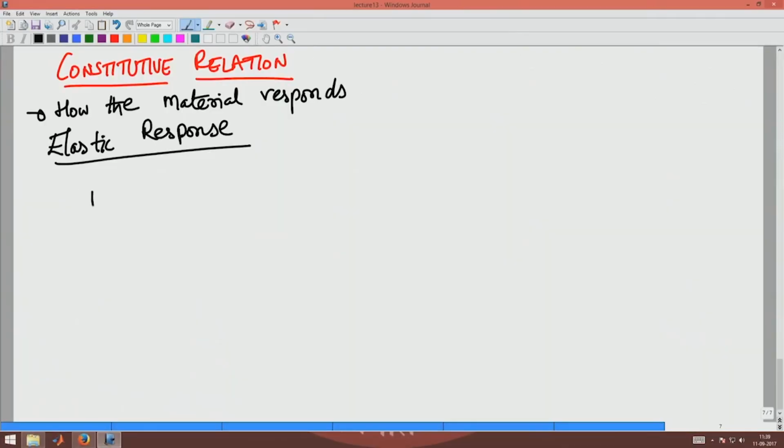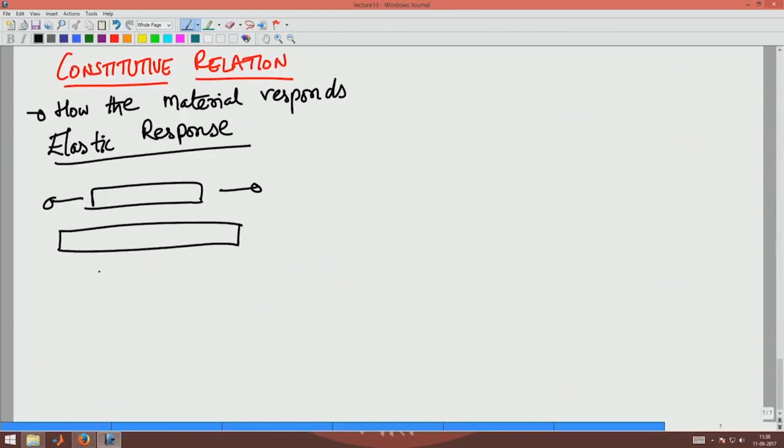That is the definition of an elastic response. That is, if I pull a bar, it elongates to this shape maybe, and when I let it go, it comes back to its original shape. So, that is the definition of elastic response.